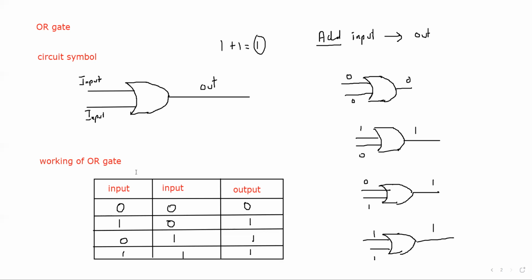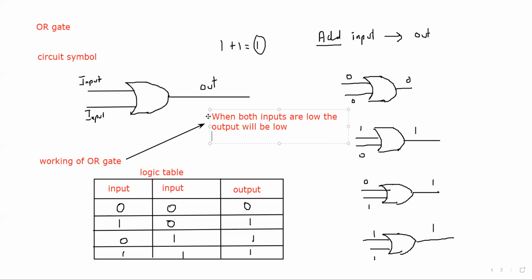This is called a logic table. You can draw this logic table, or you can use words to summarize this. How can we use words to summarize this? We can say when both inputs are low, the output will be low.